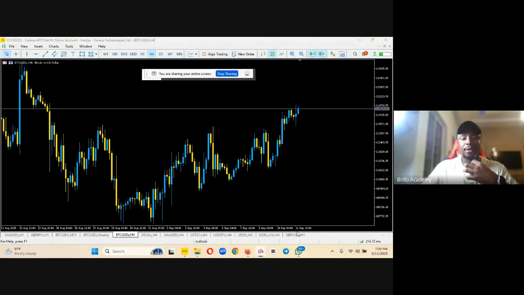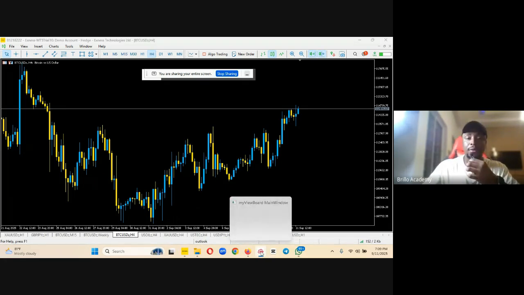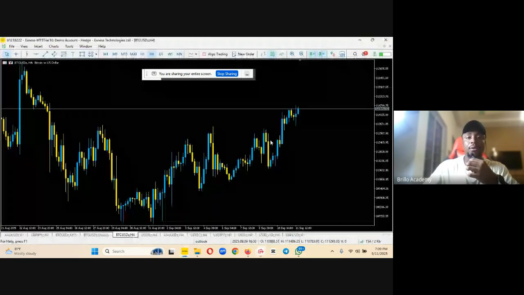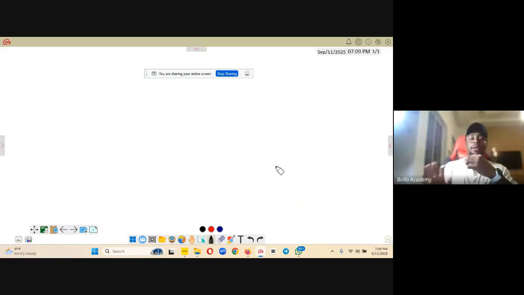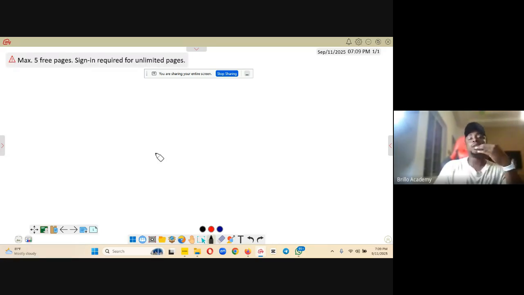All right, so let's start with labeling the candlestick. I'm trying to turn on my whiteboard. So let's start with a bullish candlestick. Now, a candlestick has four prices, right?